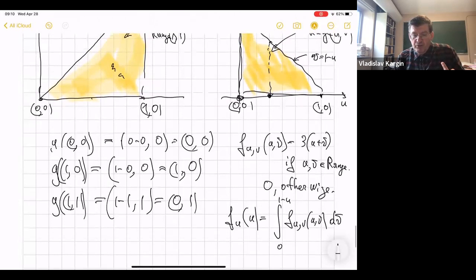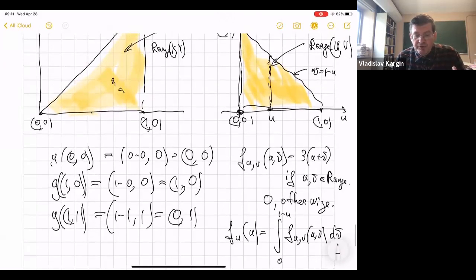So if you fix u, to calculate the marginal distribution, you'll need to integrate over this interval.